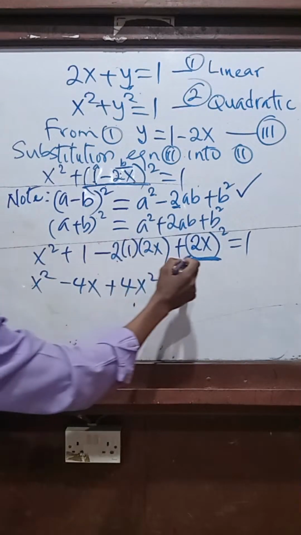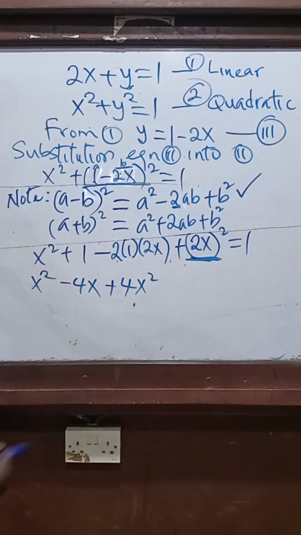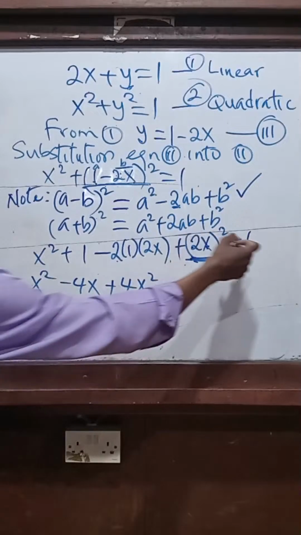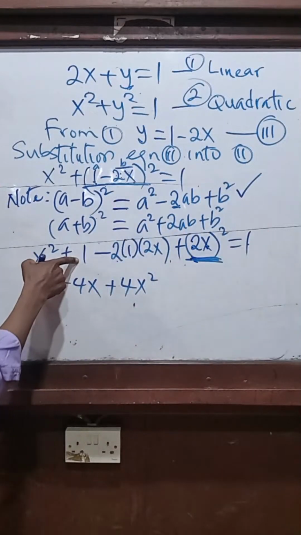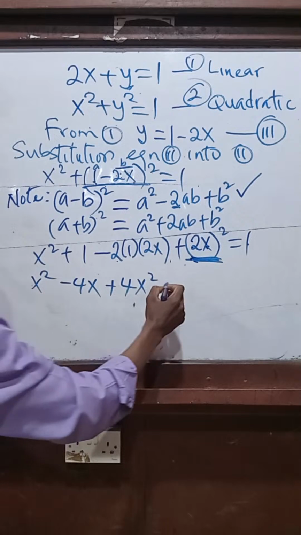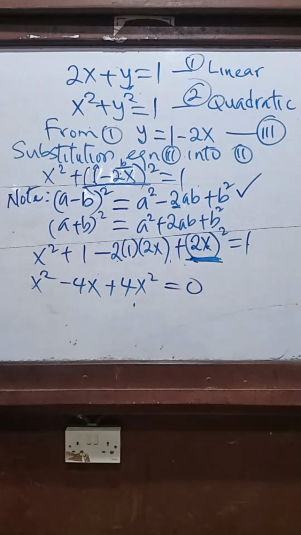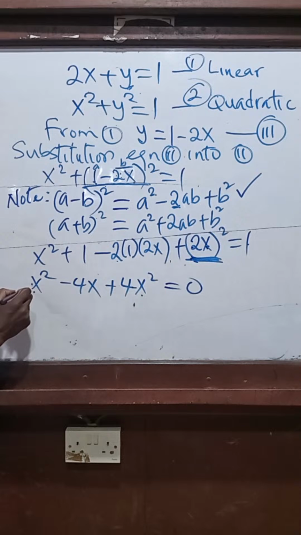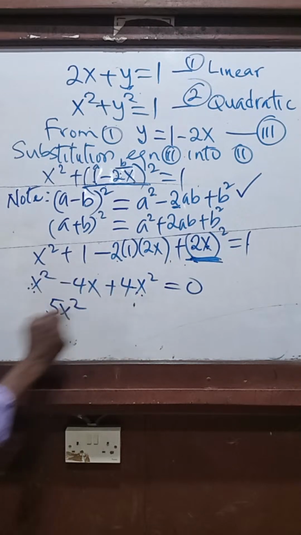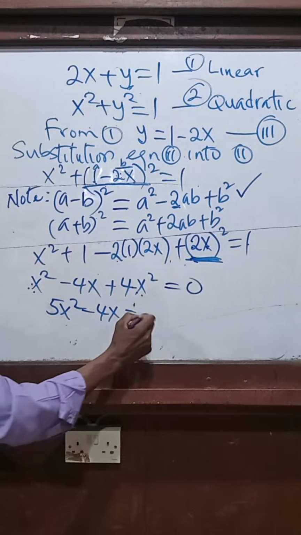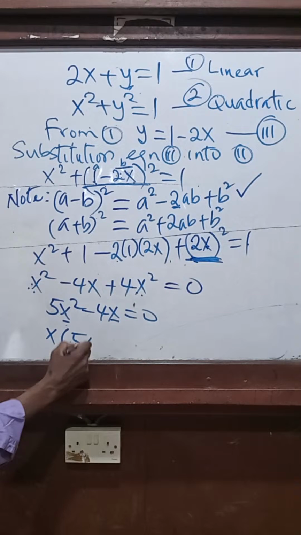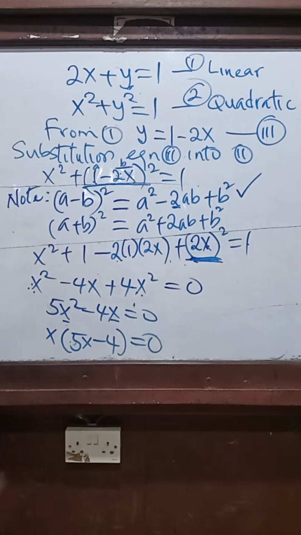If you expand this one, the square will affect each of the contents. And then move this one to the left side. So 1 minus 1 cancel. We have 0. Then you can combine these two together. That will be s squared plus 4x squared, that's 5x squared minus 4x equal to 0. x is here, take it out: x(5x minus 4) equal to 0.